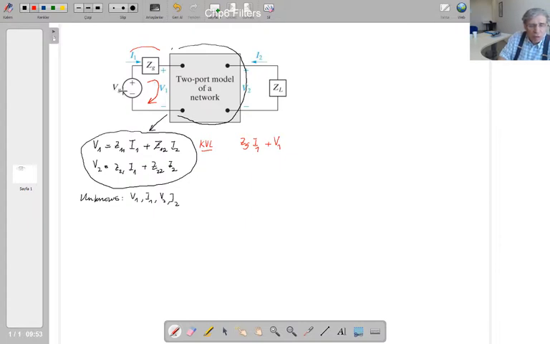If I move Vg to the right-hand side, it becomes Vg there. This is the Kirchhoff voltage law equation for this loop.